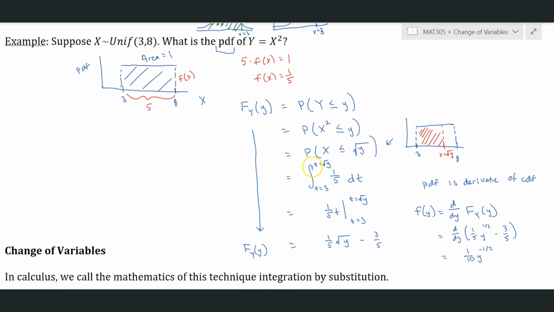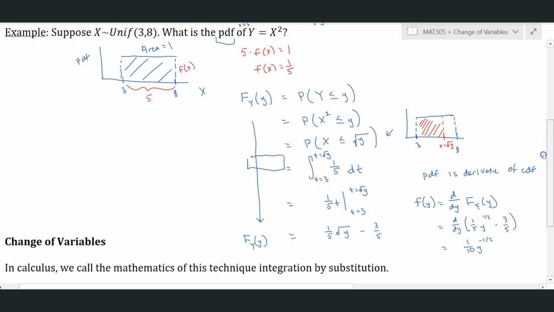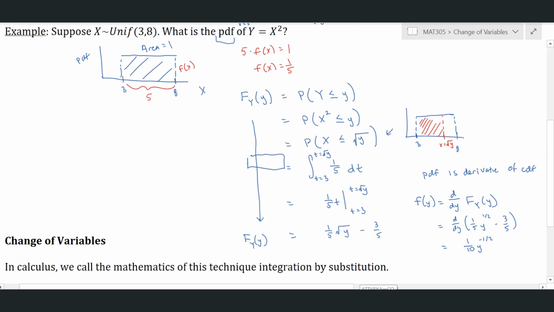Now recall that our value of x was constrained between x equals 3 and x equals 8. But we're no longer dealing with x, we are now dealing with y. And because we know that y is the square of x, that means the boundaries on y are going to be different than the boundaries on x, right?